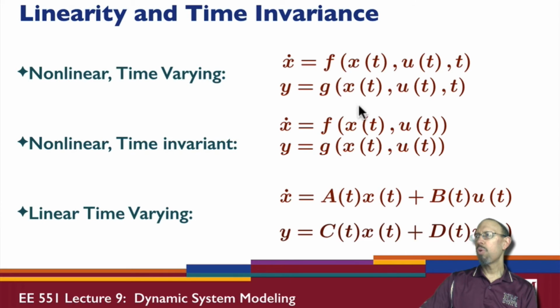Systems described in this form are causal. Even though I said the differentiating operator is not causal, notice that this is one way of expressing what's going on. On the other hand, I can rewrite this equation by integrating both sides, in which case x is a function of the integral of x, u, and t, and the system is causal.